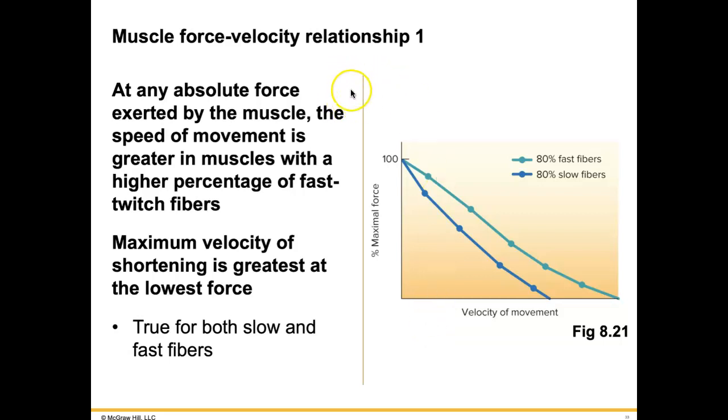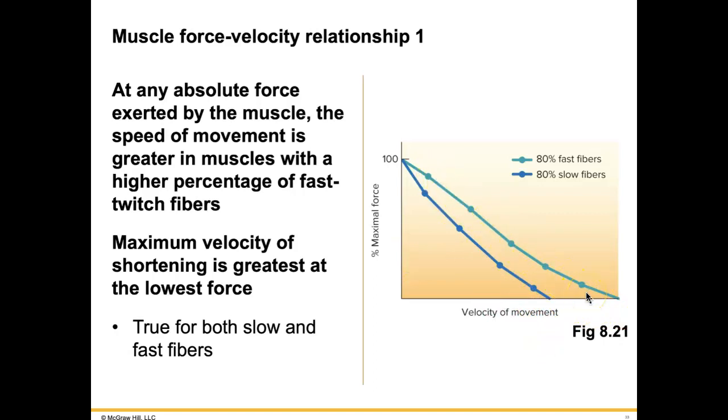That at any absolute force, so we're looking along over here, exerted by a muscle, the speed of that movement is always going to be greater within our fast twitch muscle fibers. Note that at all of these forces, we're always going to see the green line further along having higher velocities of movement, right?